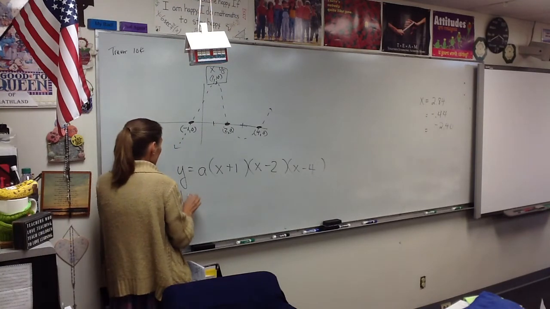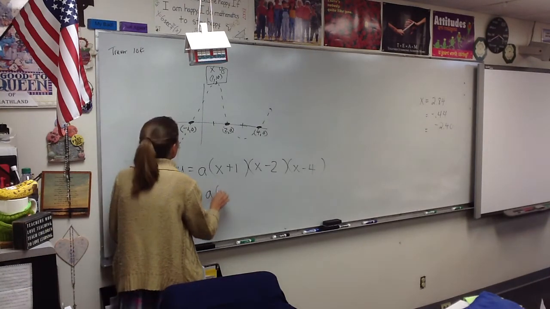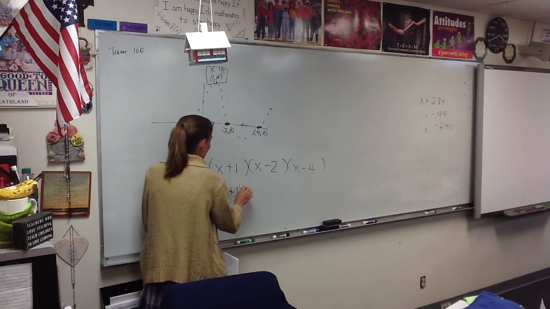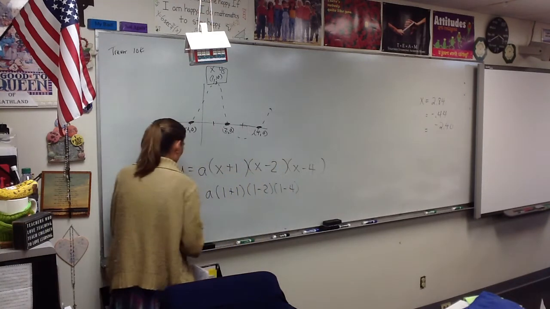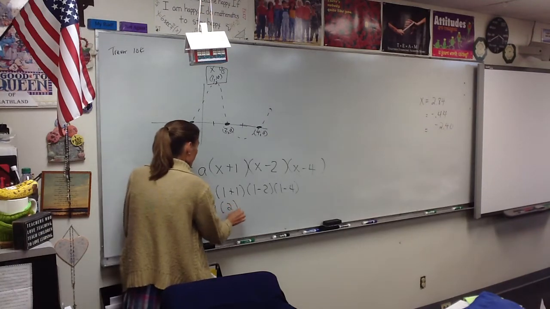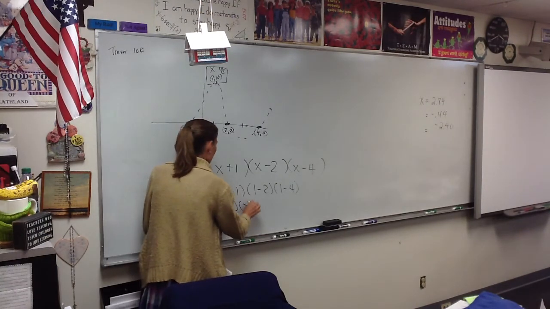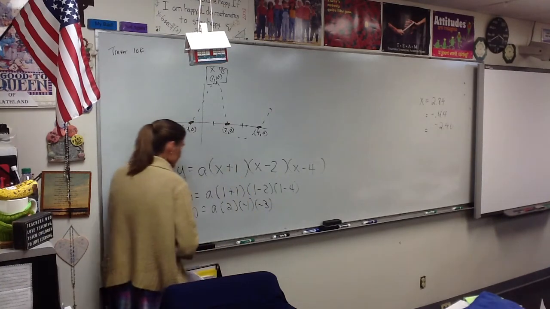So I'll put 10 in for y and 1 in for x. So I've got 2, -1, and -3.